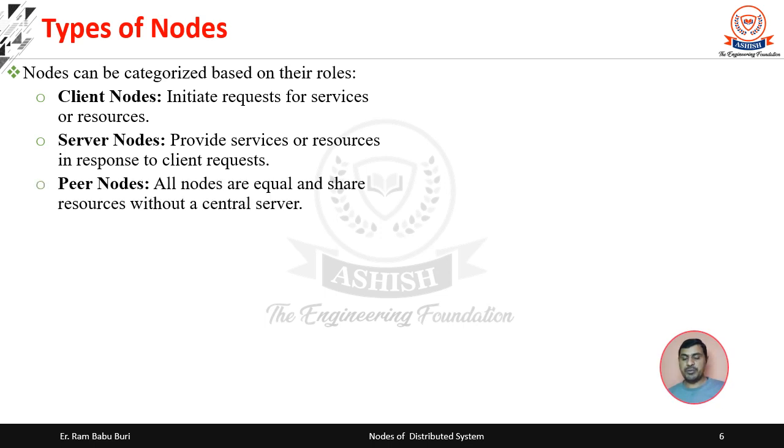Next is peer nodes. Peer nodes are equal and share resources without a central server. It means all nodes are equal. For example, a peer-to-peer file sharing network where each computer acts as both a client and a server.